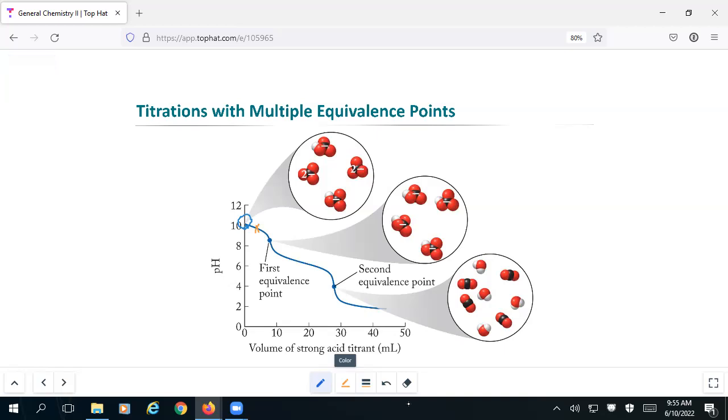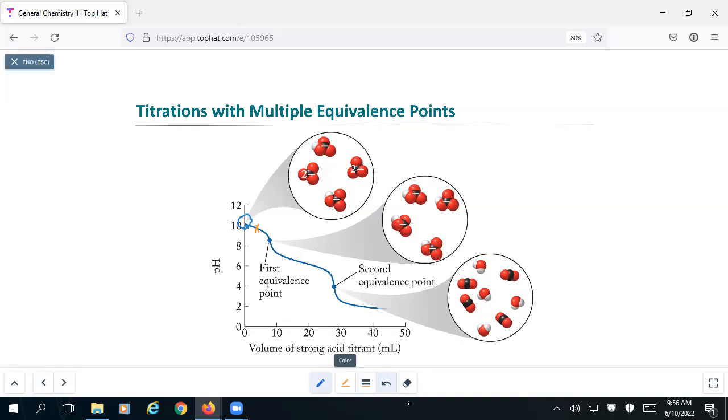The misconception is this: a lot of people will try to do the same thing with the second equivalence point as well. Just go halfway between the value and the starting value, like there. And that's not accurate. For subsequent equivalence points, we want to measure them relative to the previous equivalence point.